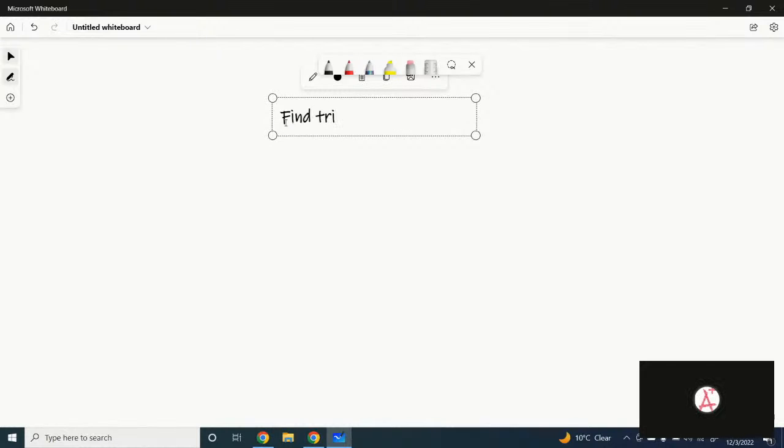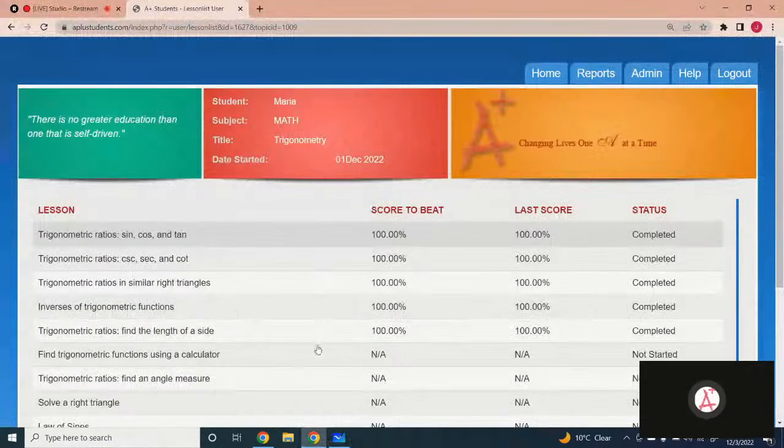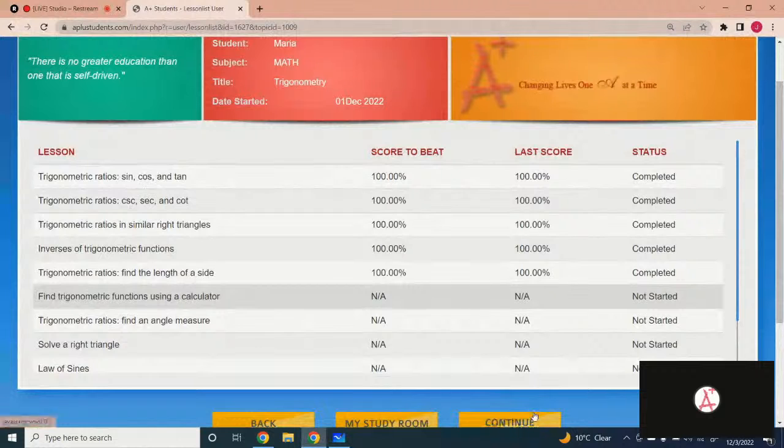Up till now we have been finding the values by using calculations. Got it? So now you have to find the values using the calculator. Okay, let's start with the lesson.